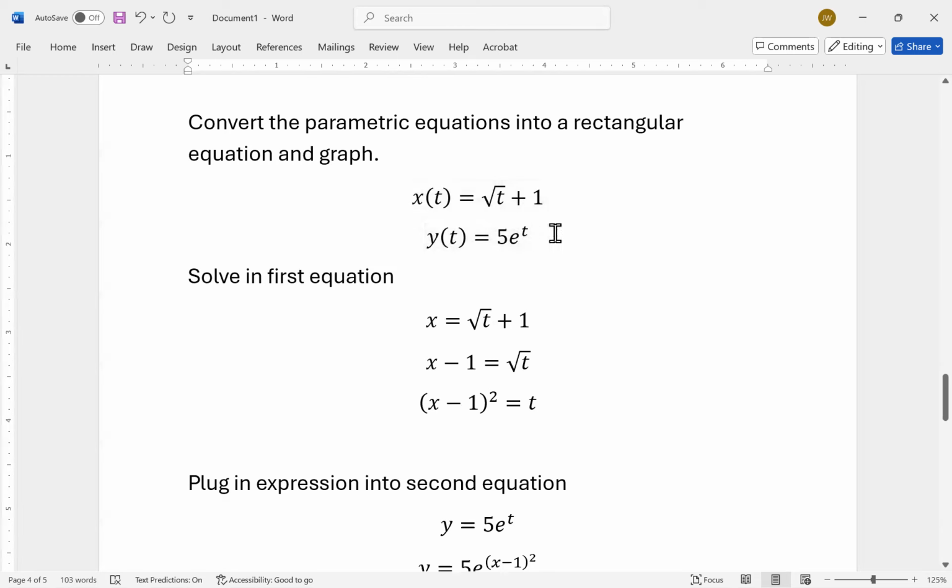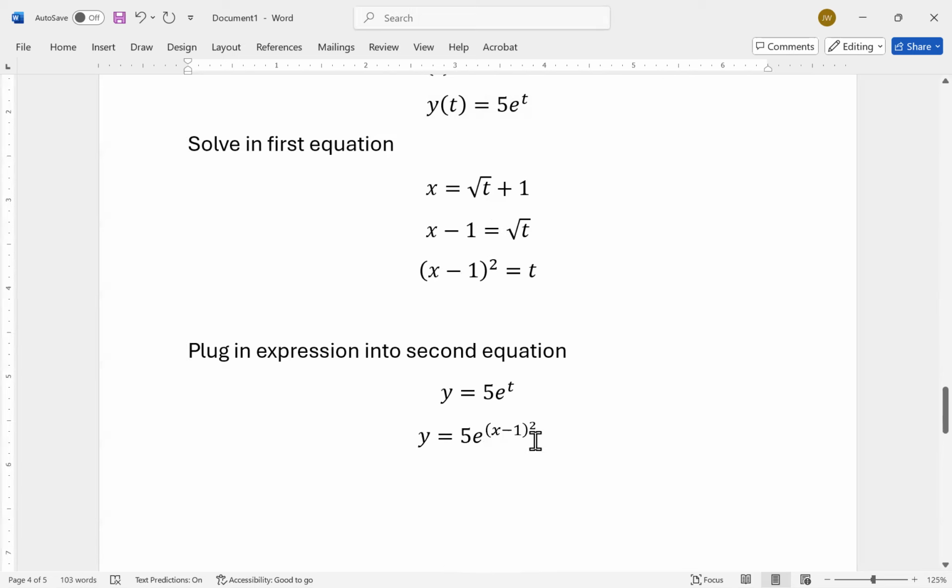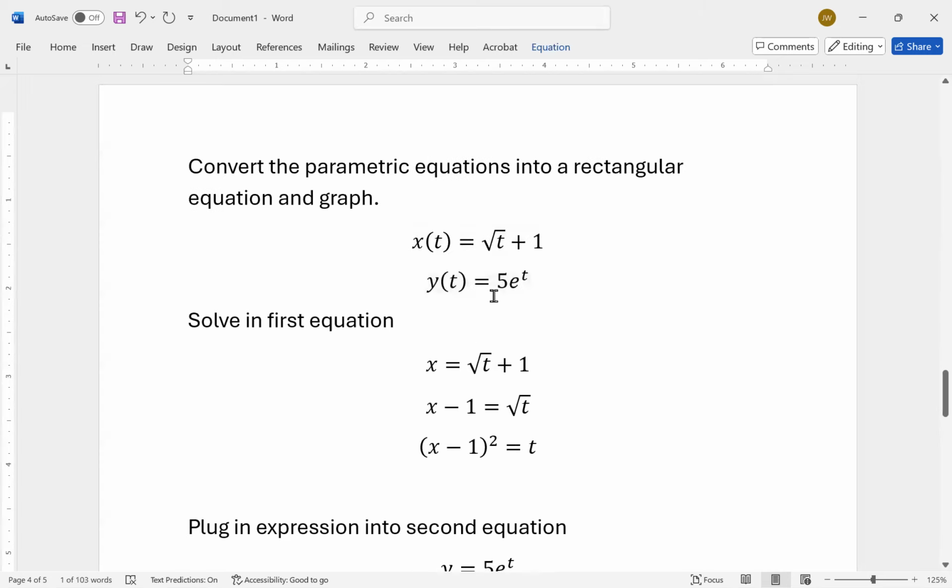Now, I want to say something. If I graph just this equation and I let x be anything that I want it to be, I'm actually going to get not the same graph as I would here. Because in my original parametric equations, t had to be 0 or higher in order to graph it.